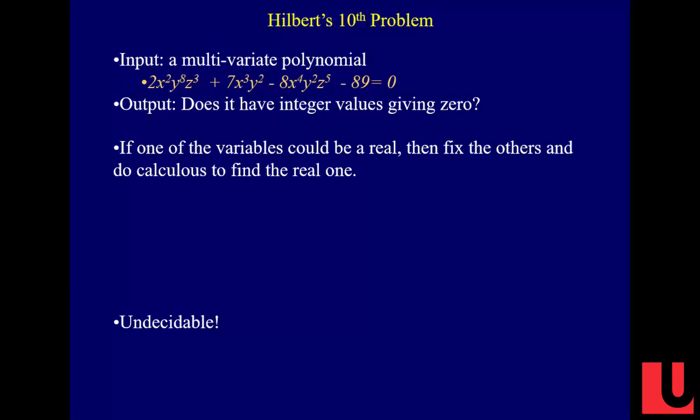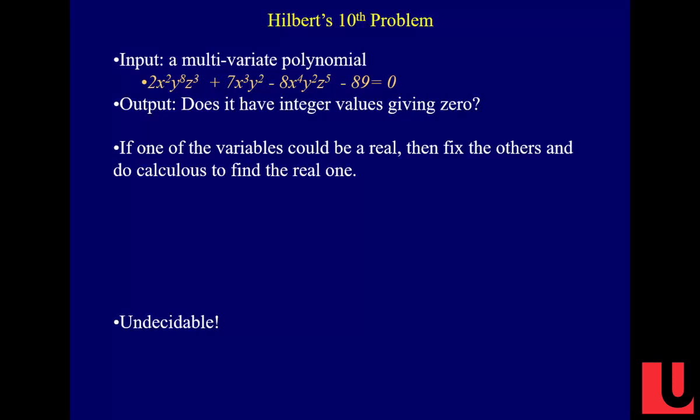If you haven't looked at the solution, the reason it's undecidable is that the only obvious algorithm is you just try various integers. If you find a set of integers that works, then you stop and say, fantastic.